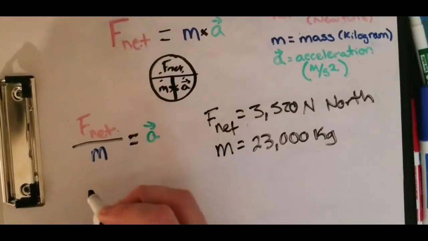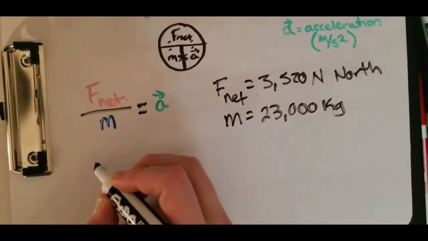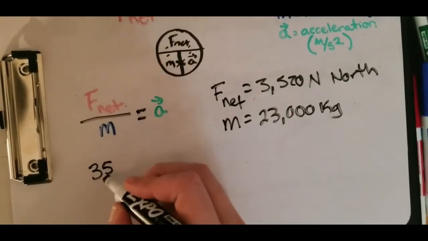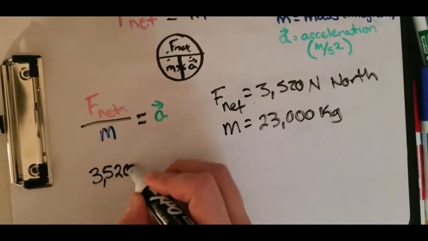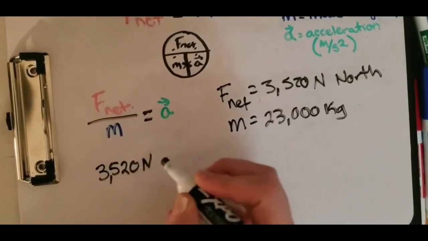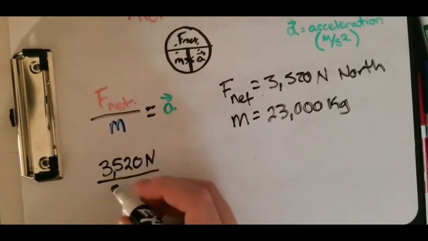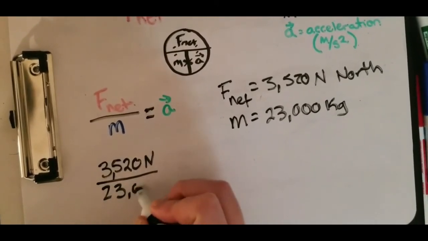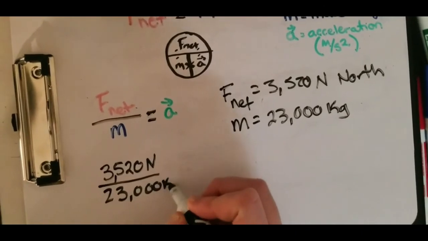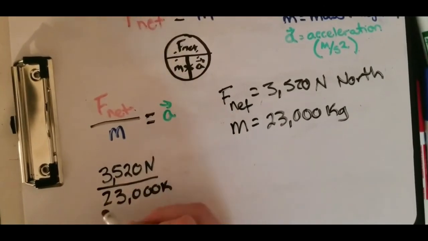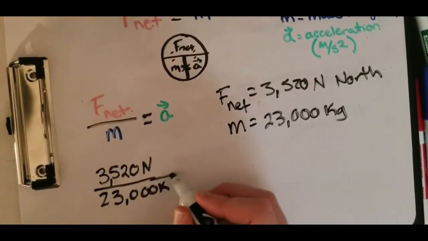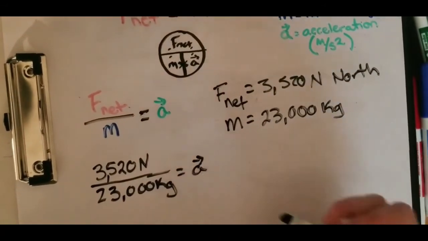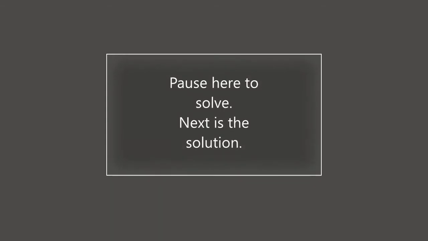Then our next step is to simply plug in the numbers. And if you wanted to go back to color coding as I did before, you can. In this case, I'm going to just stick with a non-color coded problem. So I've got 3,520 newtons divided by 23,000 kilograms equals our acceleration.